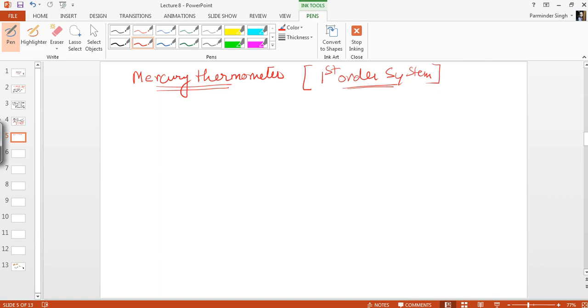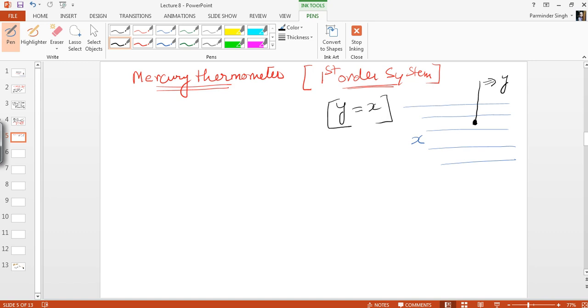now let's consider that this is the surrounding which is having a temperature X, and let's say this is the thermometer which is dipped inside this, and the thermometer is showing a reading Y. Now when this thermometer is kept in this surrounding temperature X for a certain period of time, we notice that the thermometer reading will be the same as that of the surrounding, right?